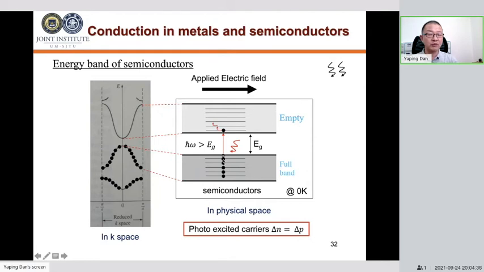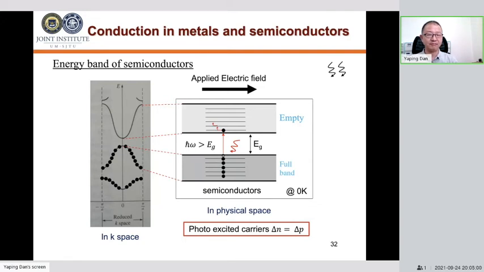Now these electrons can also become conductive. Normally we regard this as hole conduction. The holes can receive energy and move to a lower energy level. So we create excess holes in the valence band, and in that case, the semiconductor becomes more conductive.